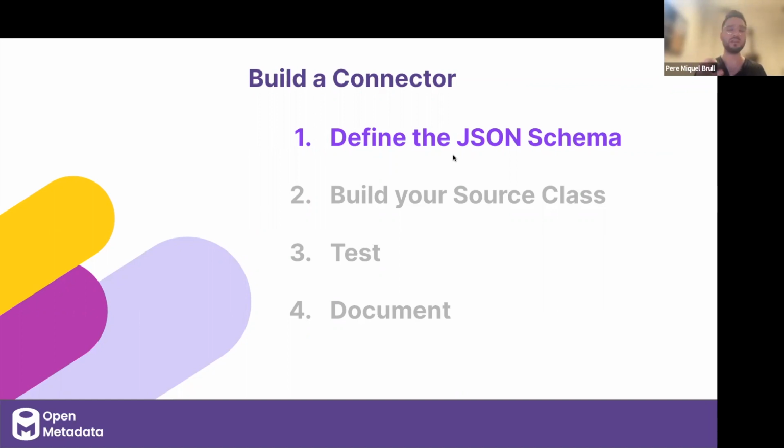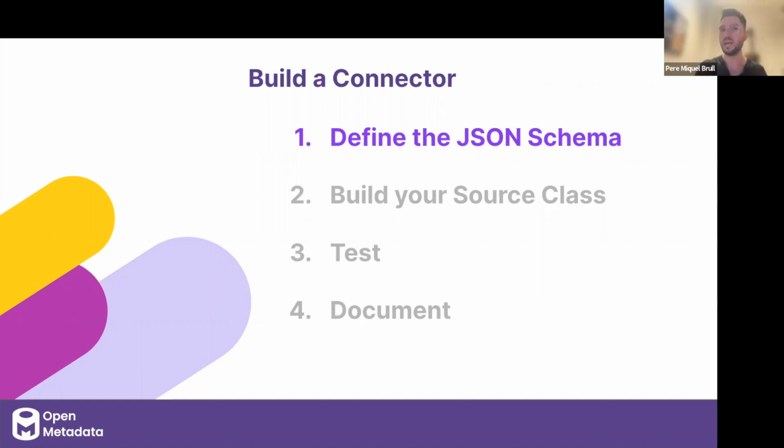For the sake of the example, I'm going to build a simple connector that will be mimicking that I'm extracting metadata from MLflow. MLflow is this machine learning centric experimentation platform where data scientists can run their experiments, push the experiment metadata, track their metrics, and so on and so forth.